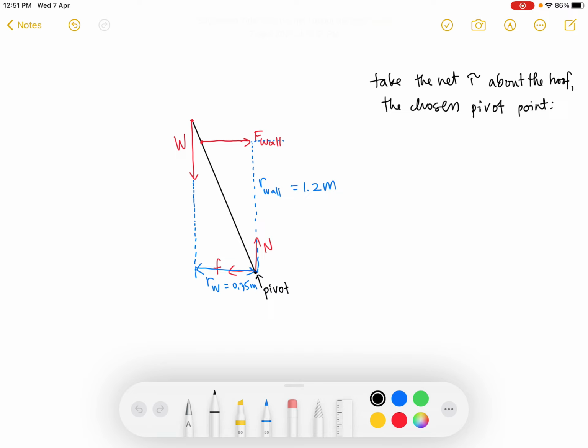Let's do the weight force first. Let me just rewrite that. Torque is equal to lever arm times the force.